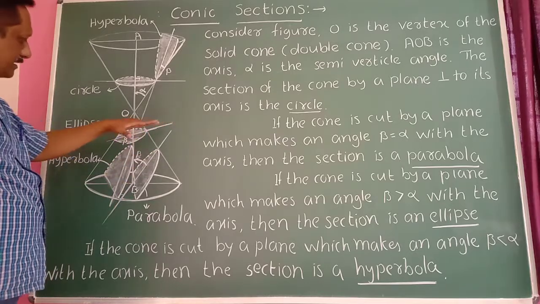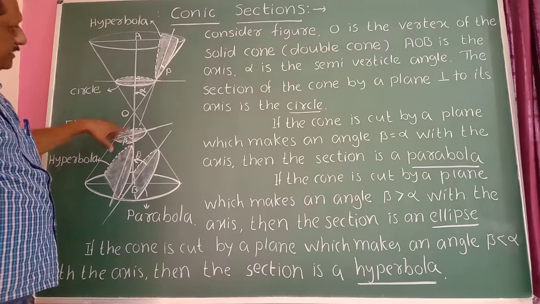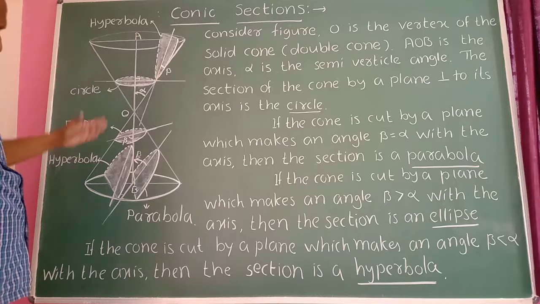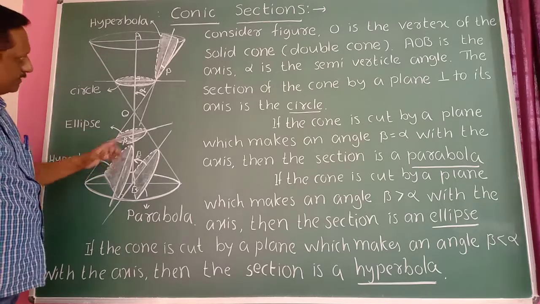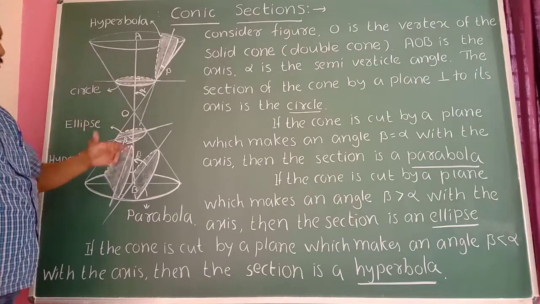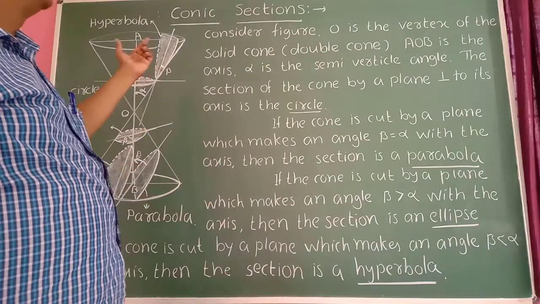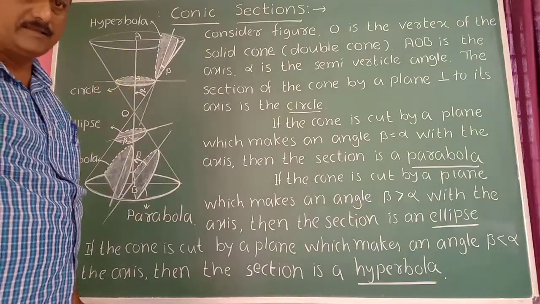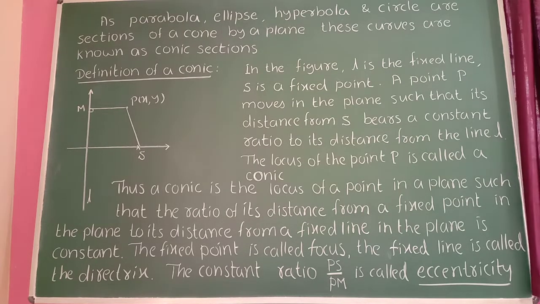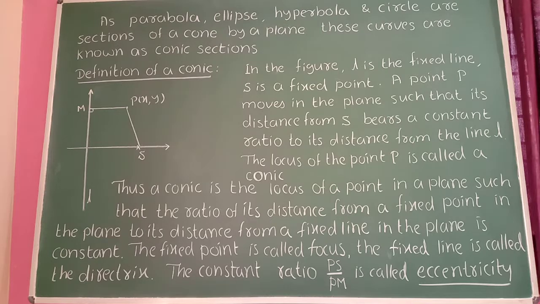Again you take a plane and cut like this, such that beta is greater than alpha, then you will get an ellipse. Again you cut two inverted cones, such that beta is less than alpha, then you will get a hyperbola. So these are all sections of cones, as the chapter name itself is conic sections.